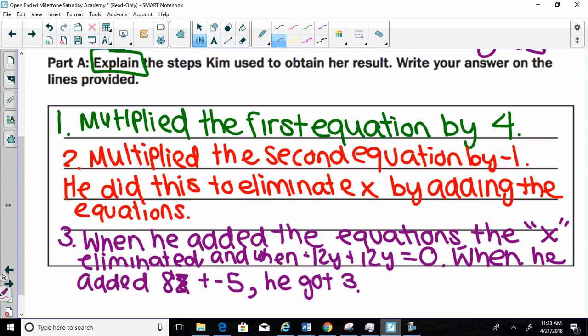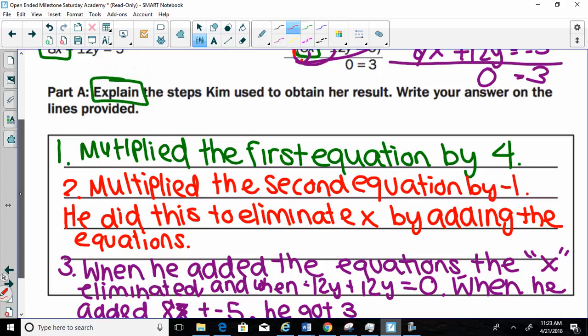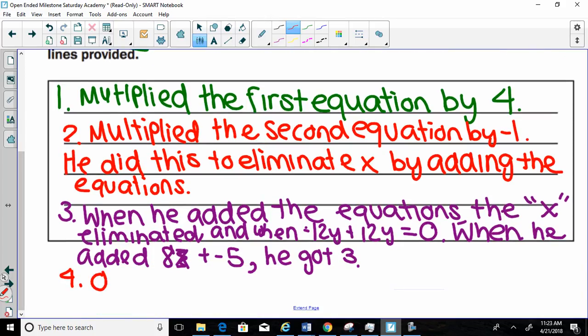And then we have to explain when does 0 equal 3? Like in general, does the number 0 equal 3? No. 0 doesn't equal 3.